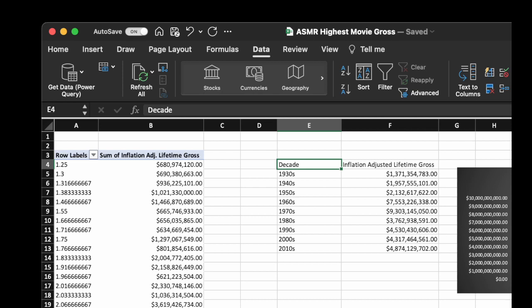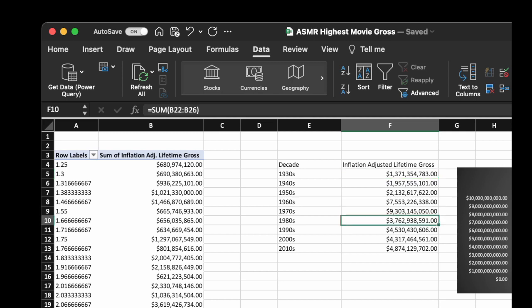So, the 1930s had 1.3 billion, 1940s 1.9 billion, 1950s 2.1 billion, 1960s 7.5 billion. The 1970s was the golden age of movie making, 9.3 billion.